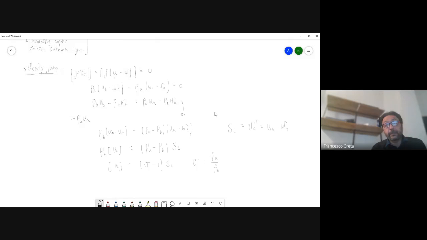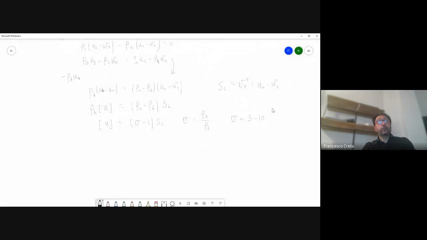Now, typically, sigma for a premix flame ranges between 5 and 10. So you have a substantial jump here. So here you can write down UB minus UU is equal to sigma SL minus SL.